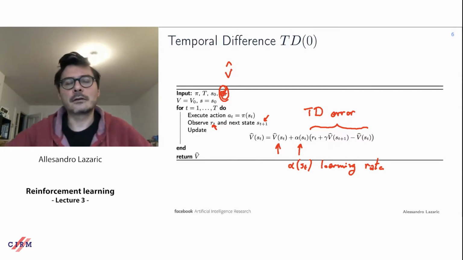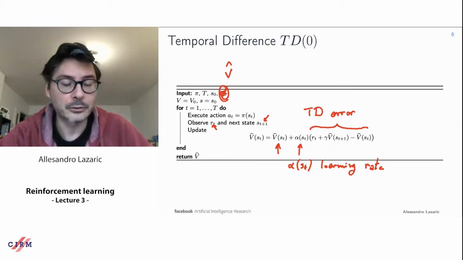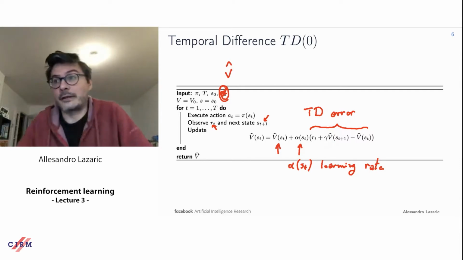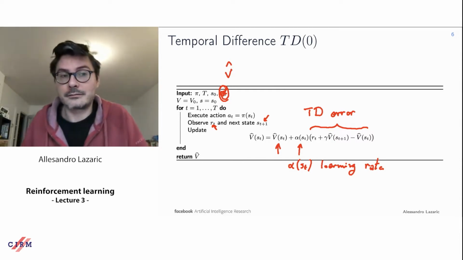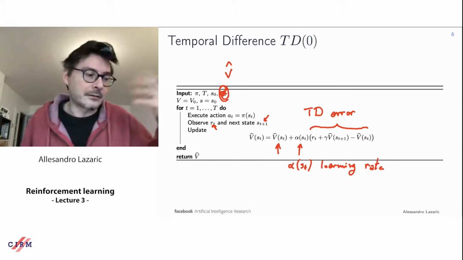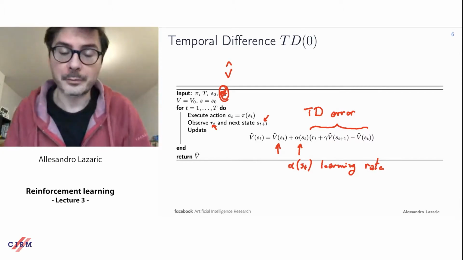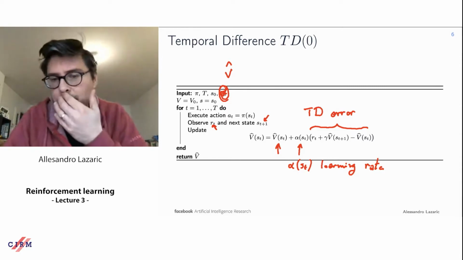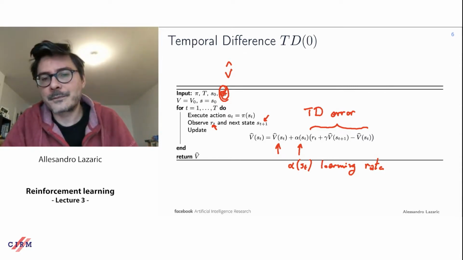This is sometimes in reinforcement learning called bootstrapping your estimates, because indeed you use your estimate to generate an estimate. That's the reason why it's sometimes called bootstrapping, as in statistics. But again, the reason why this works is that this is really an estimate of the Bellman error.